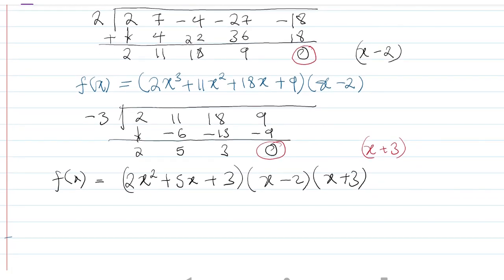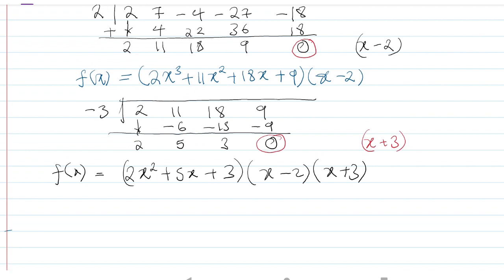So we can just go ahead and do factorization. 2x squared plus 5x plus 3. You can see that the product is 6 and the sum is 5. So you could say 2x squared, I can add plus 2x plus 3x plus 3.